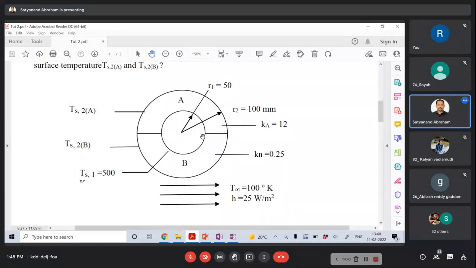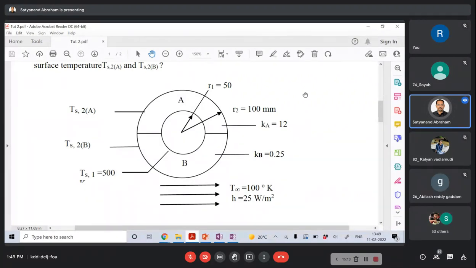Because if the resistance is only finite, there is going to be a heat flow from B to A. In that case, there is going to be a temperature gradient in the azimuthal, circumferential direction. So it would be 2D conduction, and we cannot do any further analysis.